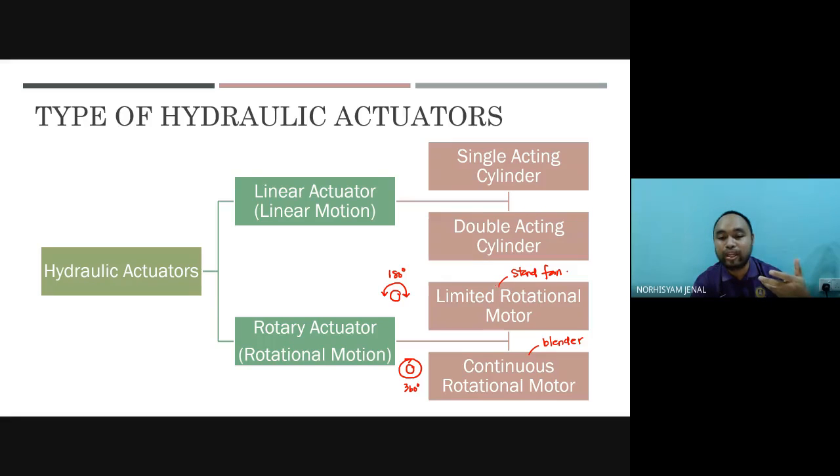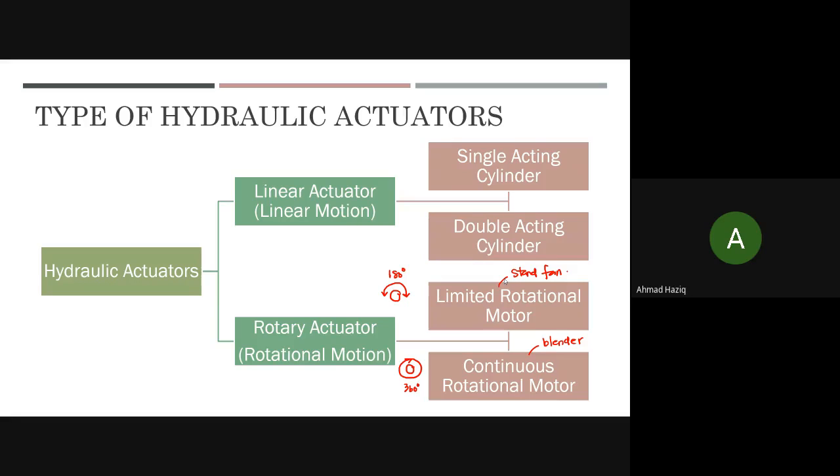So that will be a good idea of a limited rotational motor. It might not be a motor, but it is limited, correct? So you can try and switch on your stand fan. You can see it can only move to a certain degree and then it moves back to the original position. Clear on this?